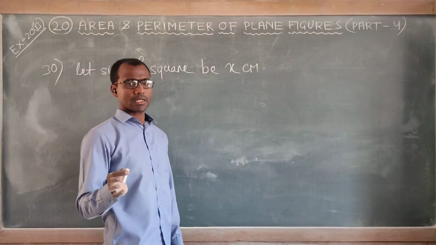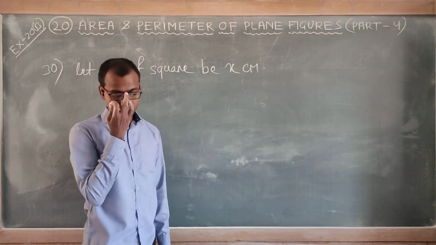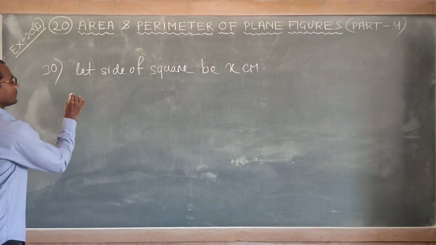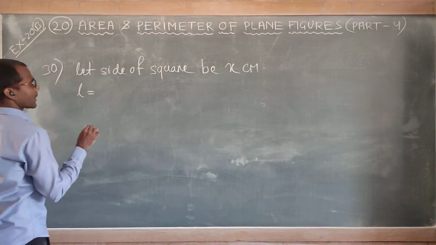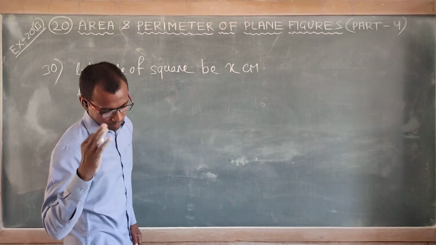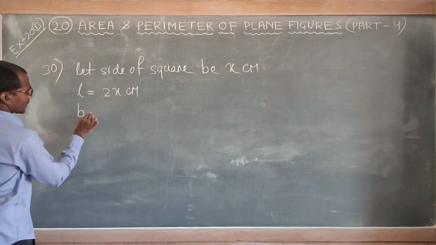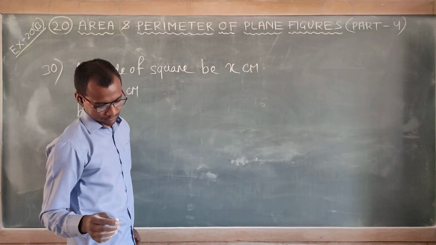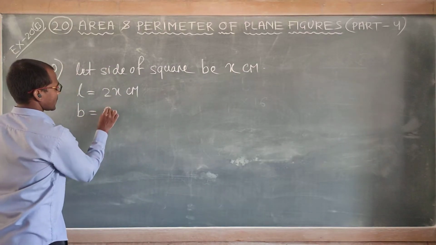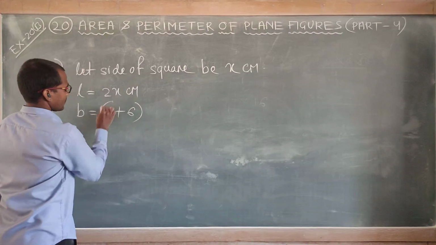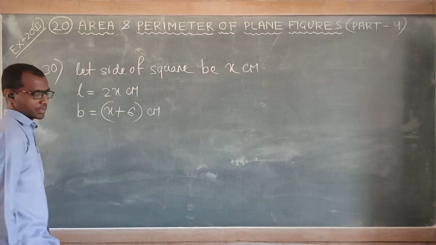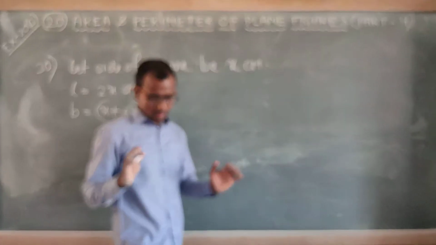You can take any variable y, a, b, etc. Okay. Length of the rectangle is twice, okay, means 2x. Breadth of the rectangle is 6 cm greater, okay, means x plus 6 cm. And what is given?